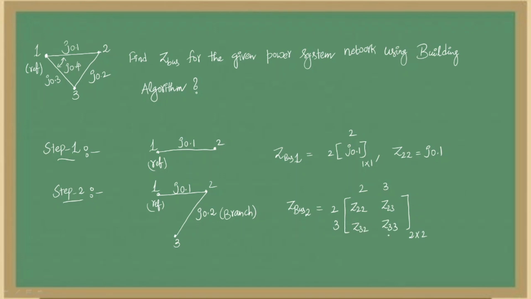In this matrix, we already know this term, which is Z22, j0.1 per unit from the previous step, and we need to find these three values, Z23, Z32 and Z33. If you know Z23, it is the same as Z32, right? So Z23 and Z32 are off diagonal elements. What is the mathematical expression for an off diagonal element when you add a branch?